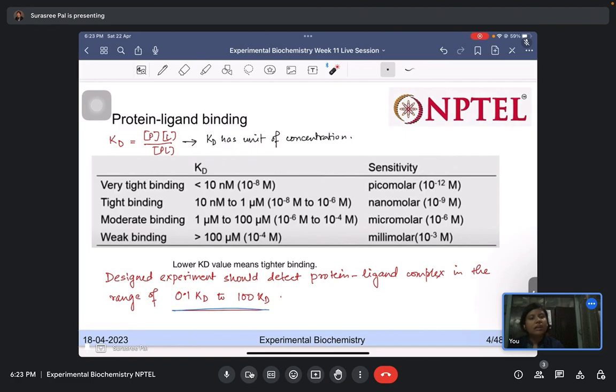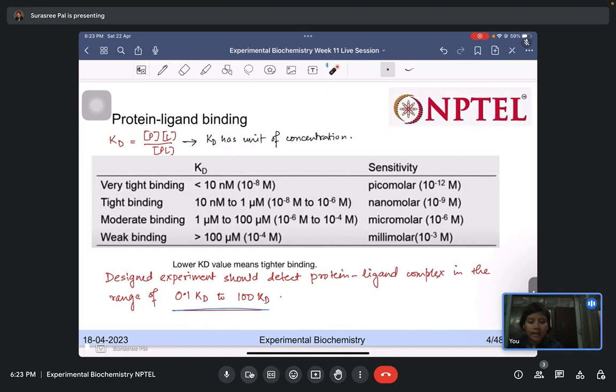Now, a protein can bind to a small molecule, a protein can bind to another protein, a protein can bind to a nucleic acid. So there is a difference in the strength of these bindings. The binding can be very tight, tight, moderate, or weak, and depending on that, obviously our Kd will vary.